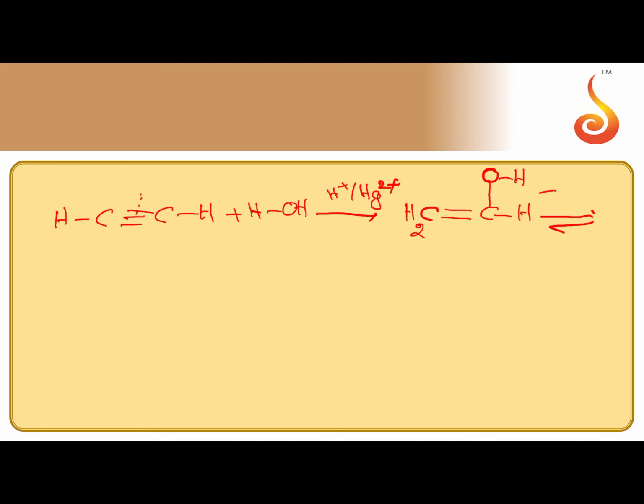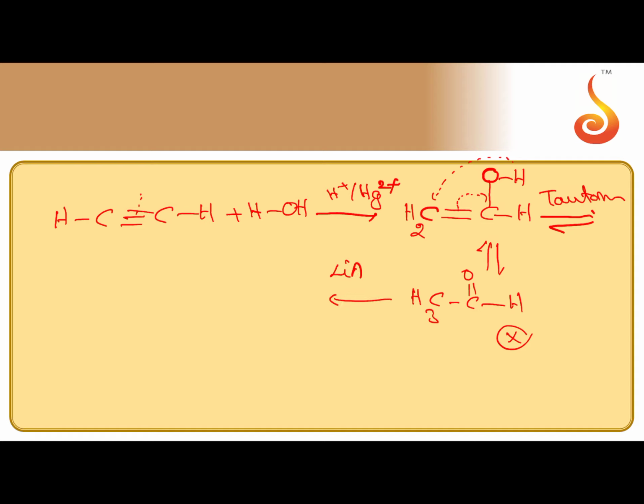So immediately it undergoes tautomerization. During the tautomerization, H is shifted to the alpha carbon. The pi bond is shifted. So after the tautomerization, we can get CH3CHO, acetaldehyde. So X is acetaldehyde.